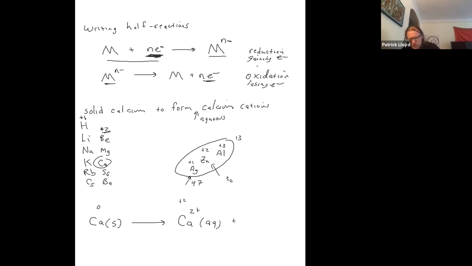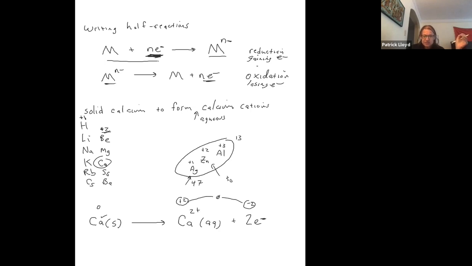If we add 2 electrons, those 2 electrons have a charge of -2. So now if you add the charges together, they add up to 0, right? -2 and +2 is 0. And that's exactly what it is over here. So one way to remember this is just, write the reactant, the product with your arrow, and then add the electrons to the more positive side until the charges are equal.